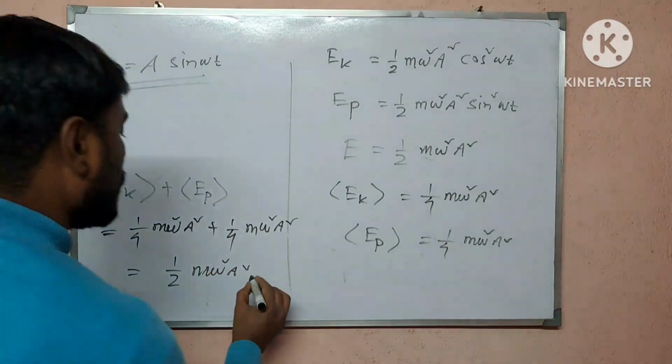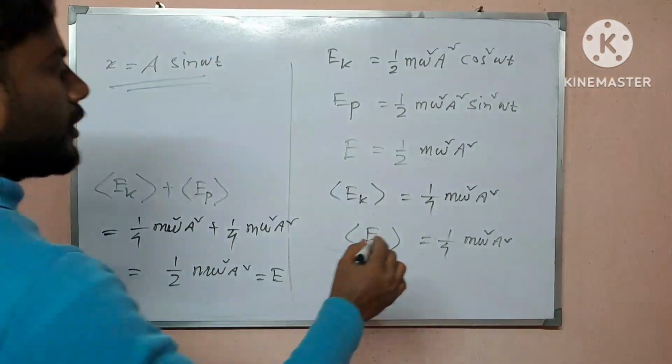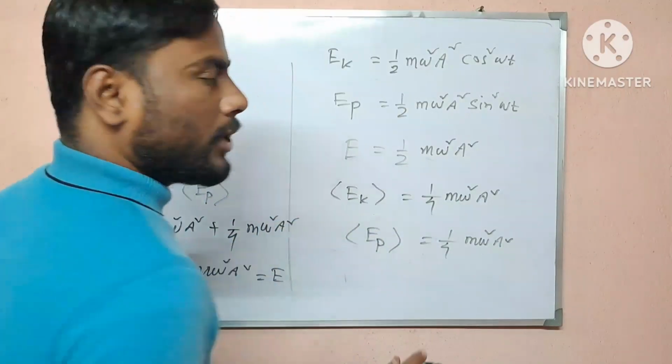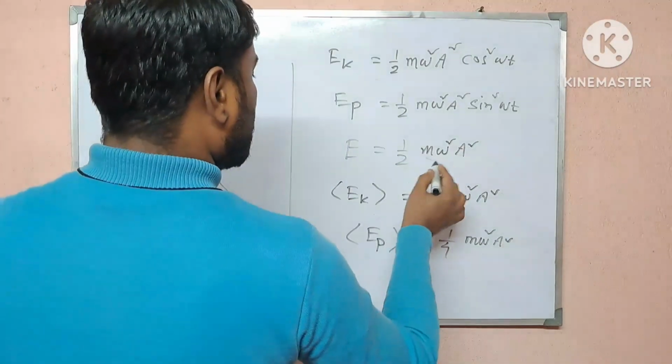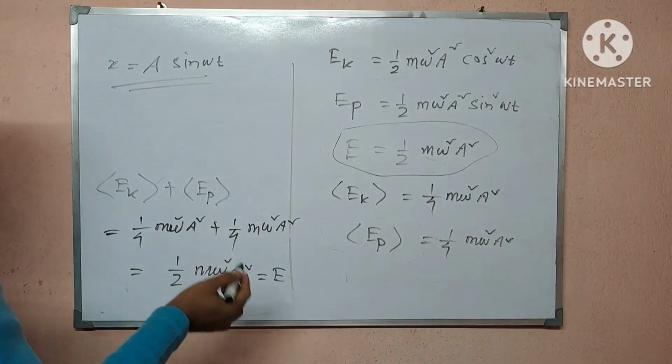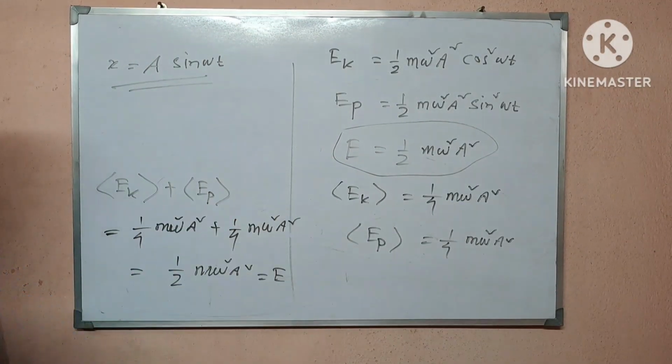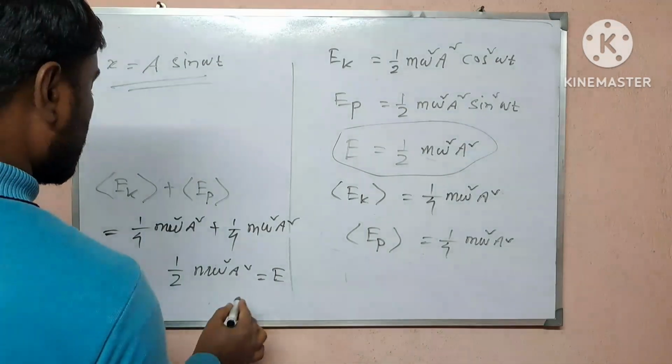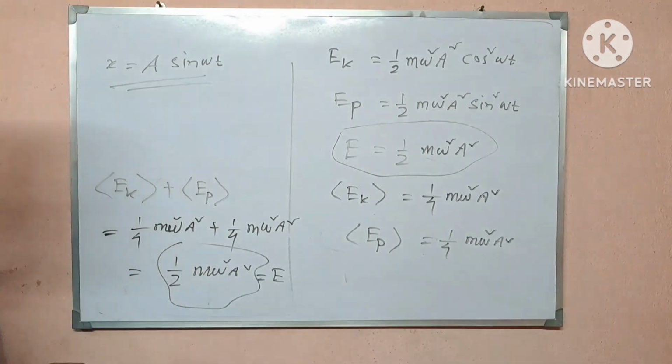So this is also the total energy. If you add kinetic energy plus potential energy for a particle executing SHM, it will be equal to the total energy, and if you add the average values of kinetic energy and potential energy, you will also get the total energy.